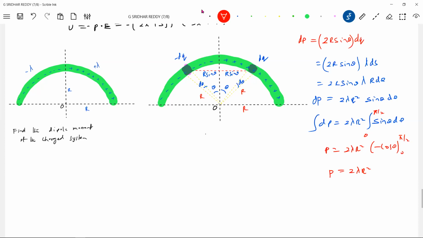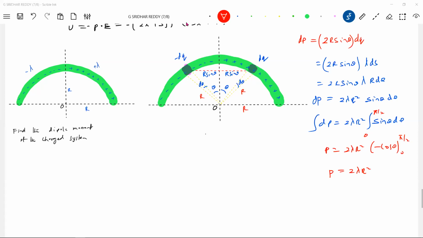How will it be directed? Along the x-axis only.